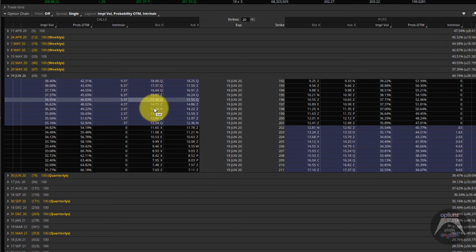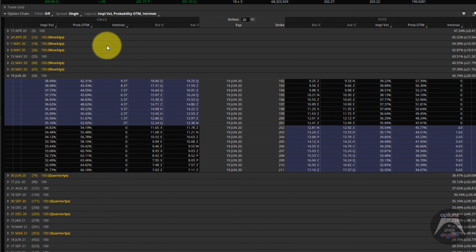Now you can see that also visually. If you look at your platform, this is Thinkorswim. If it's not Thinkorswim, maybe it's going to be shown in a different way. But for the most part, you can see that they're shaded in a different color. This is because, like I was saying, most of the volume is concentrated on the out of the money calls and out of the money puts.